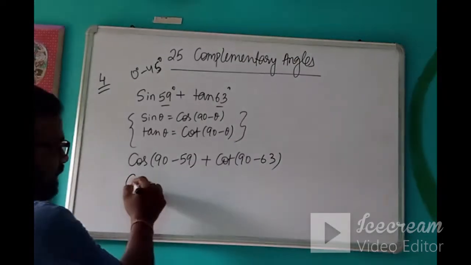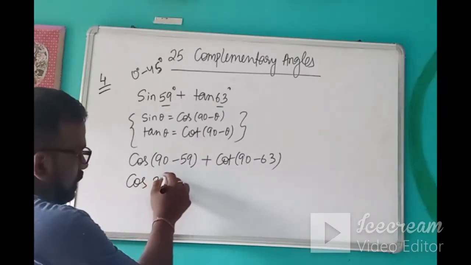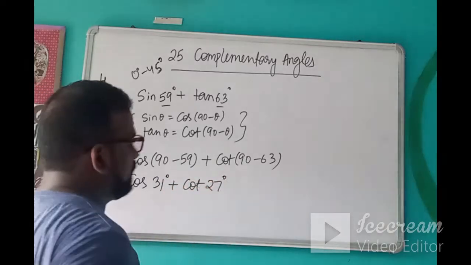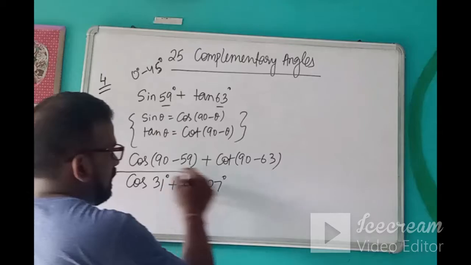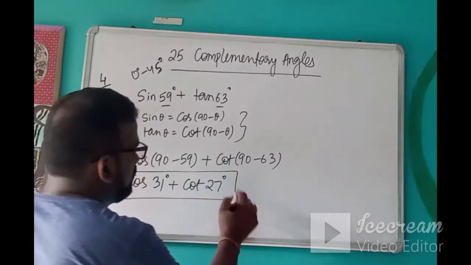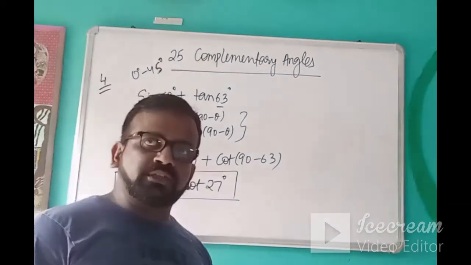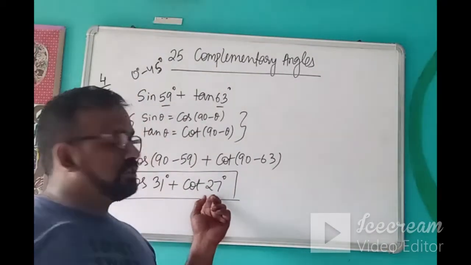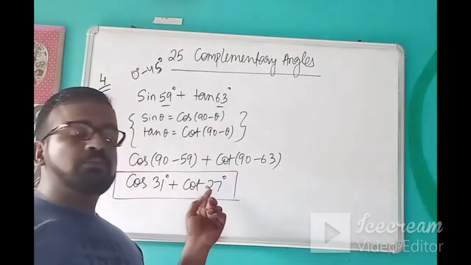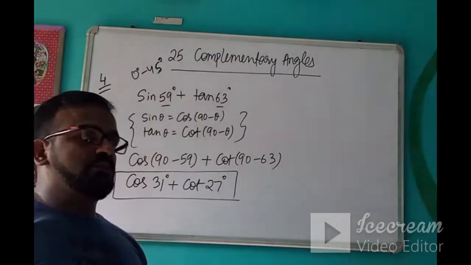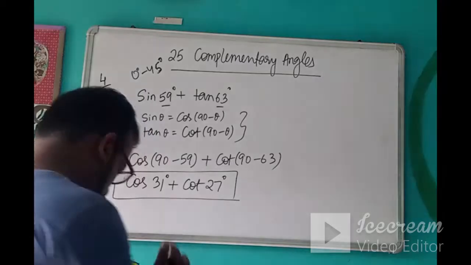So what I will get? I will get cos 31 degree plus cot 27 degree. So this will be my answer. See, here it was 59, now the angle has changed from 59 to 31, and in this the angle has changed from 63 to 27 degree, and this is in our acceptable range.